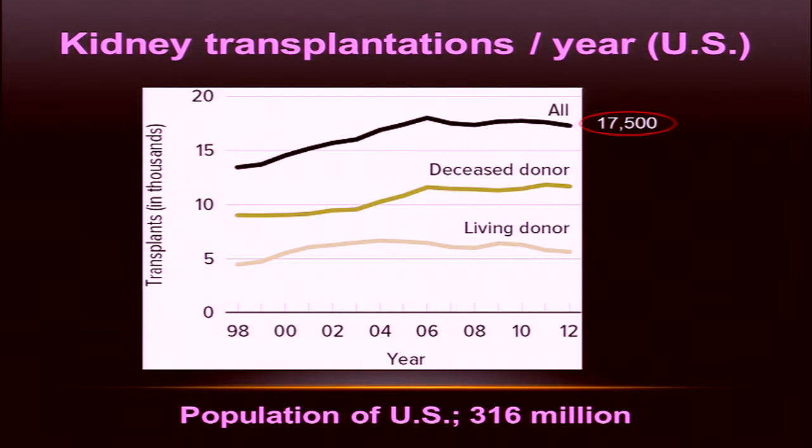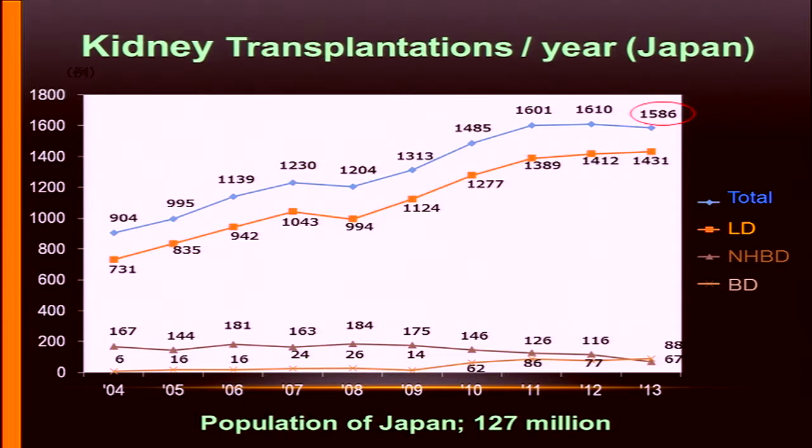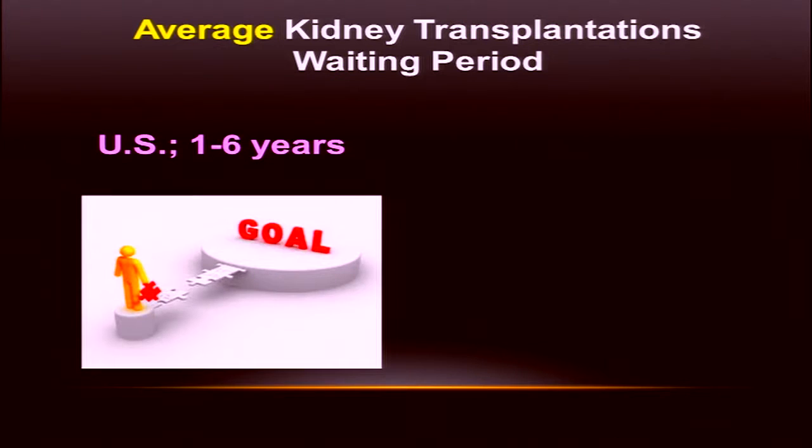And on the contrary, kidney transplantation in Japan is very immature. You have 70,000 transplantations a year, and we have only 1,500 per year. That results in your waiting period for kidney transplantation being 1 to 6 years.